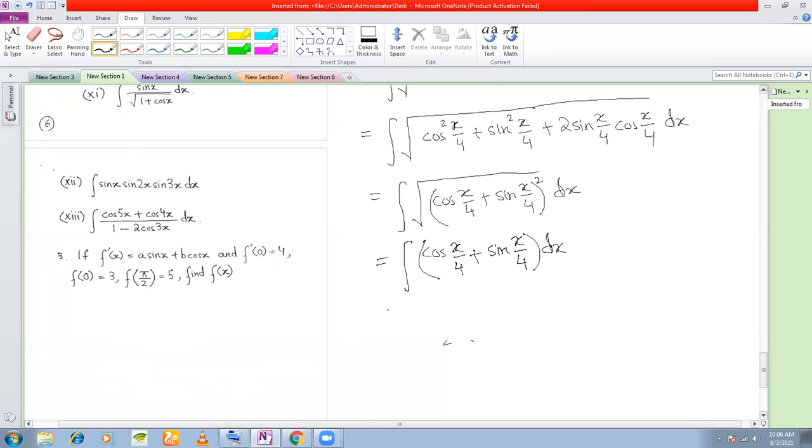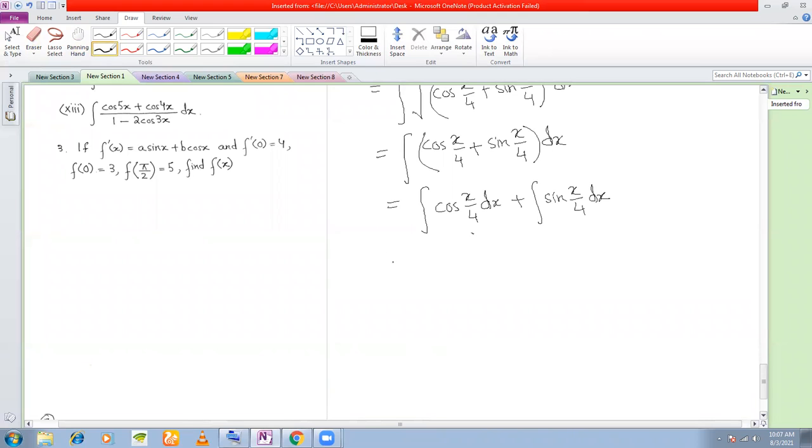Now you can separate the integrals. Okay. So now cos x by 4, integral of cos is sine.